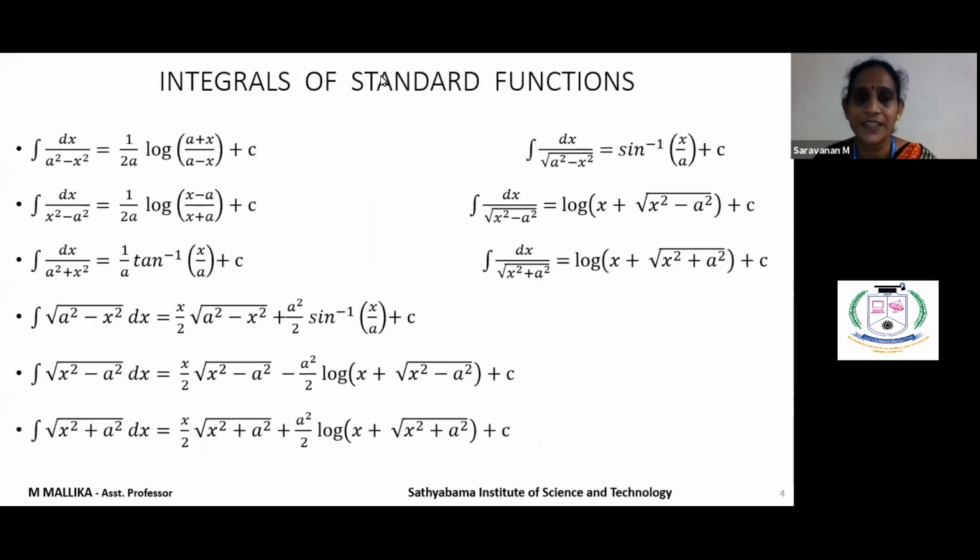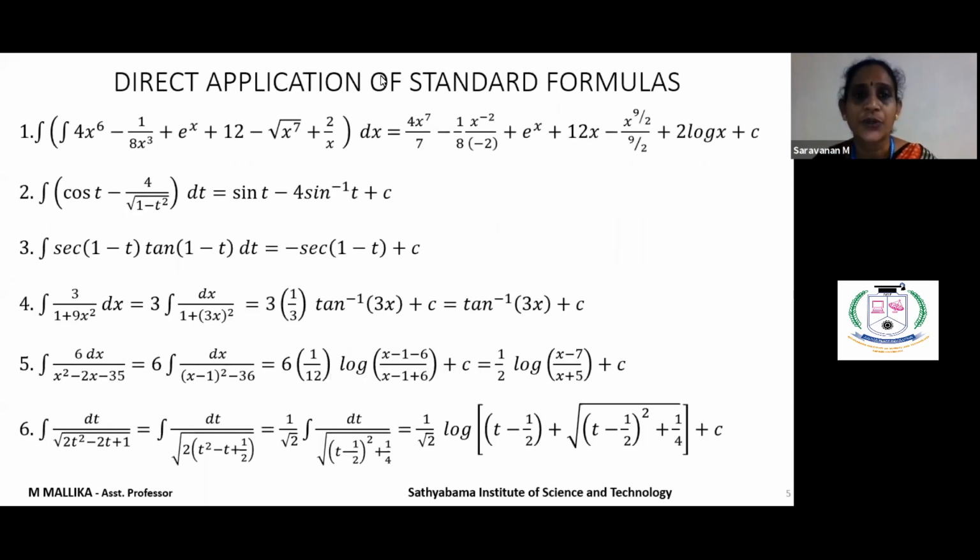We have already seen that 1 by root of 1 minus t square is of the form 1 by root of a square minus x square, whose value is sine inverse of x by a. Here in this problem, a is 1, so you get sine inverse of t. So the answer is 4 times sine inverse of t.